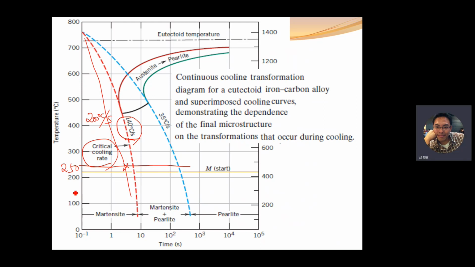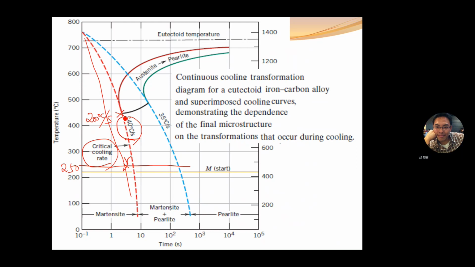If I drop the temperature to 250 with a cooling rate of 200 Celsius per second, we still get the gamma phase, austenite. Therefore, the critical cooling rate is important to get the phases that we want.